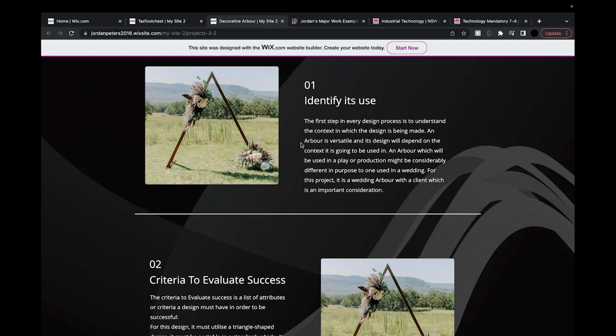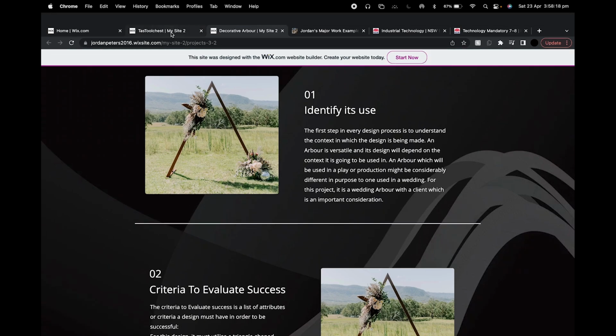I think I did 100 for mine when I graduated. But for the industrial technology syllabus, it's more like 50 pages. So it's more comprehensive, it includes more things, and likely everything that I've included in this folio would also be included in an industrial technology folio.